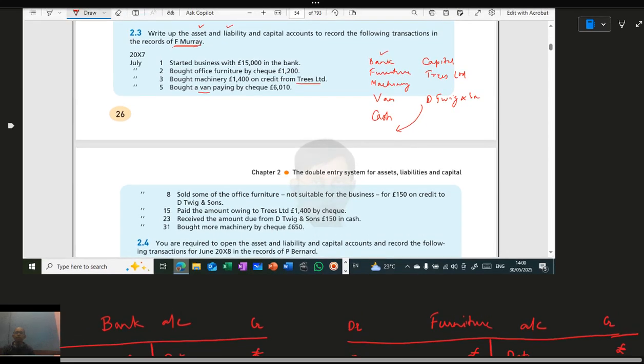So now, all these entries: write up the assets and capital to record the following transactions in the books of records of FRA. This is how you have to write it down. Let us have a look at what we have done.